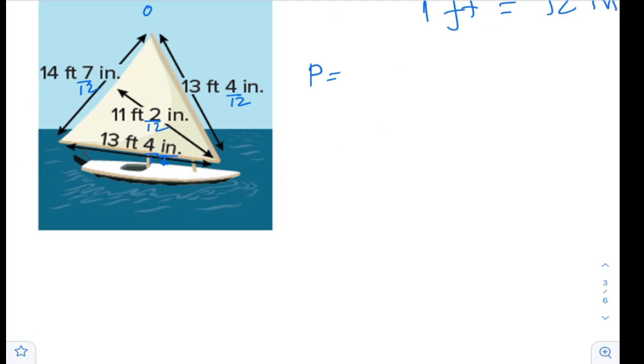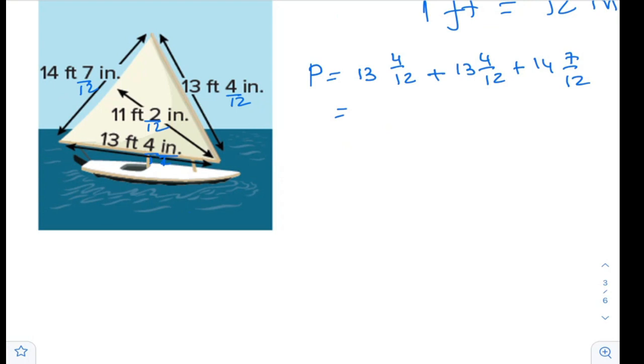So we are just adding the side lengths, which are 13 and 4/12, which is 1/3, plus another 13 and 4/12, plus another 14 and 7/12. Now, if you use the calculator, let's add them together. I'll give you a chance.